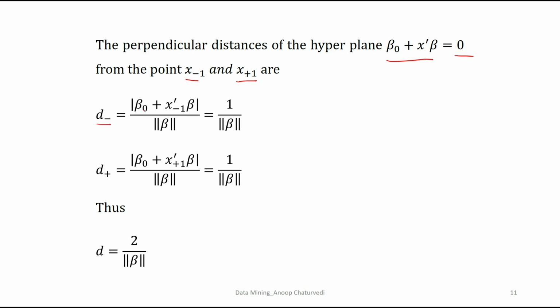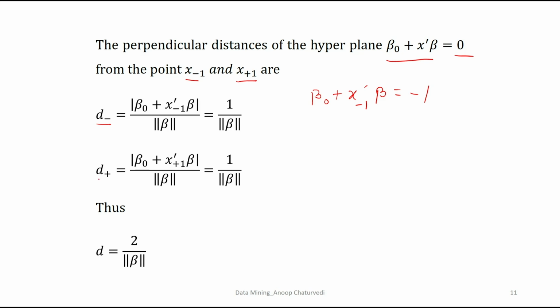Actually, mod of beta naught plus (x minus 1) transpose beta is equal to, since the point is x minus 1 and the point belongs to H minus 1, beta naught plus (x minus 1) transpose beta is equal to minus 1 and the mod value is 1.